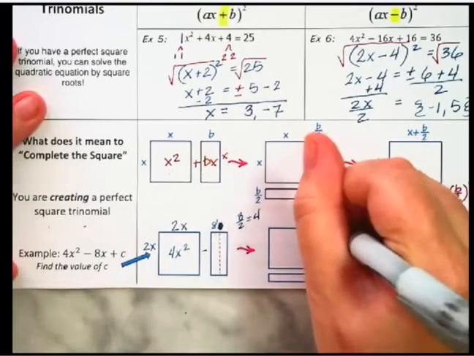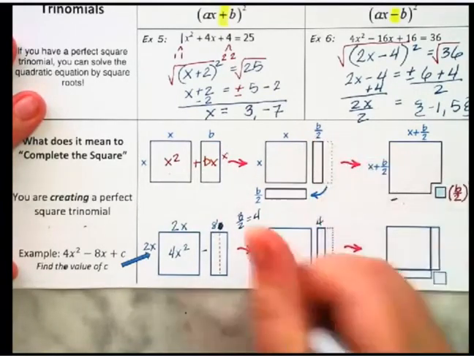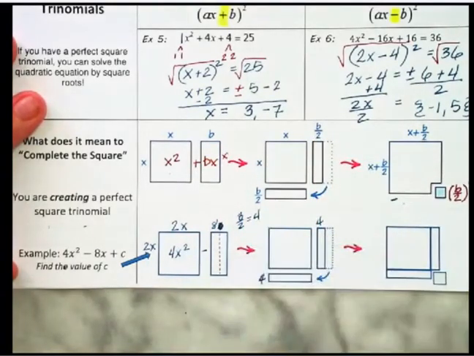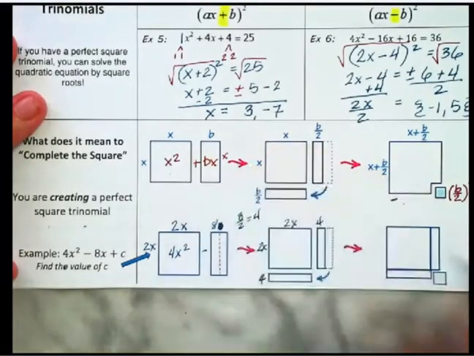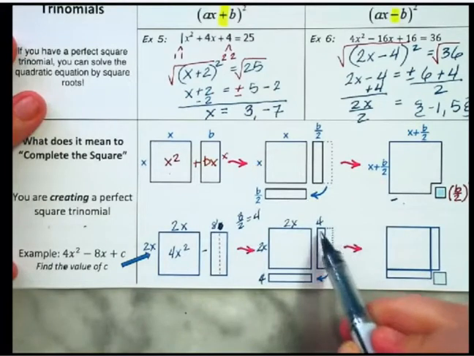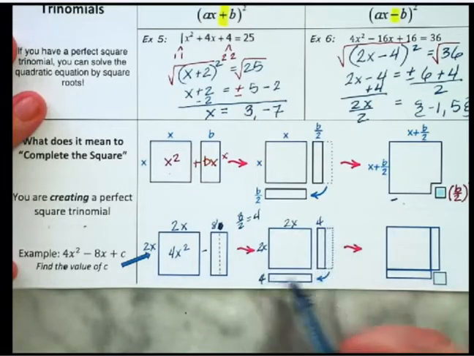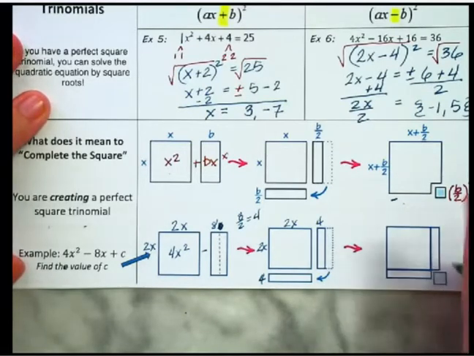So now this is a 4 and this is a 4. If you want to bring over your 2x's, you can. So now I have 4 here and 4 here. So I know that I have a 4.